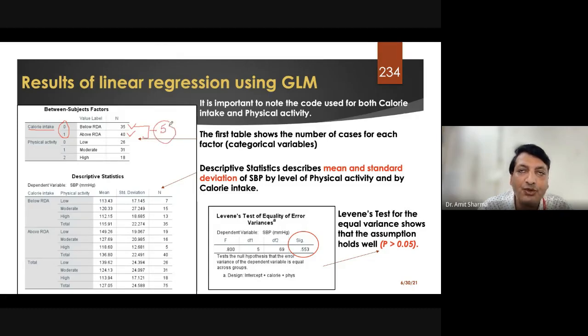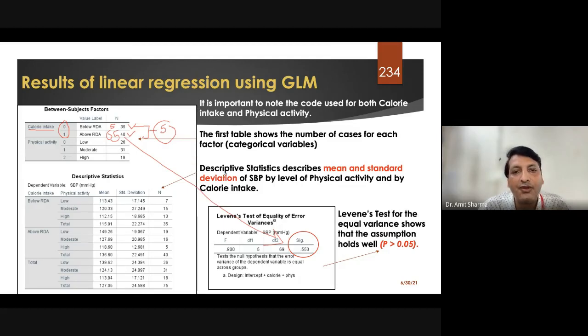If the difference is too much, for example, in one group we have got 5 and in another we have got 65, then this p value will be less than 0.05, and we can assume that equality was not maintained between the groups. So if Levene's test is not found significant, which means we cannot go further.